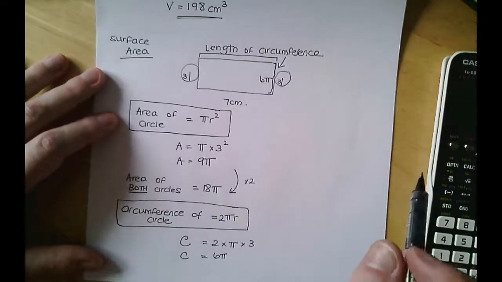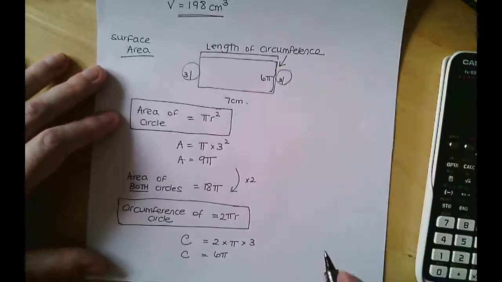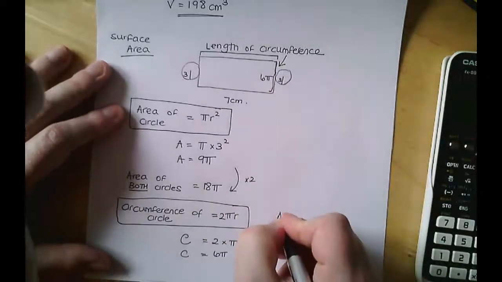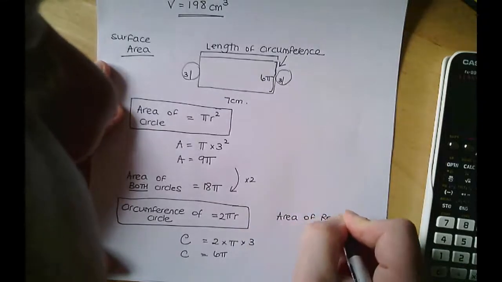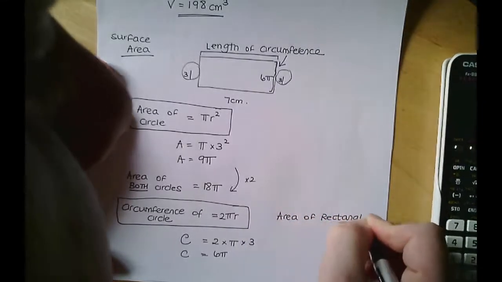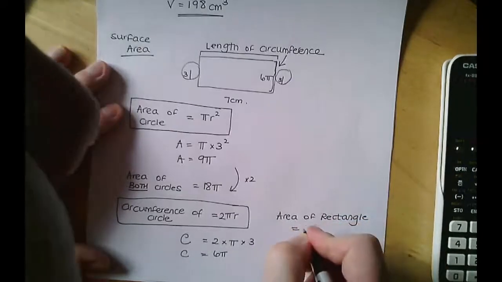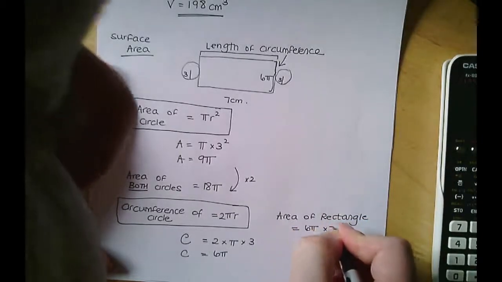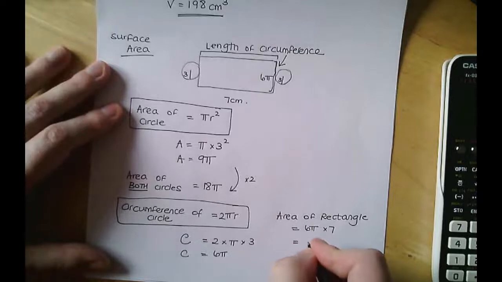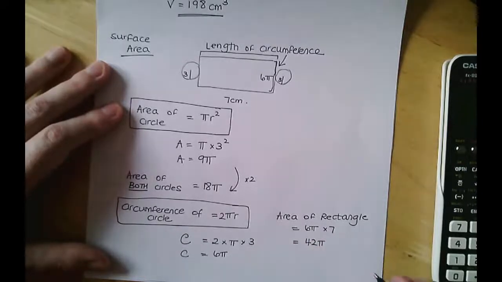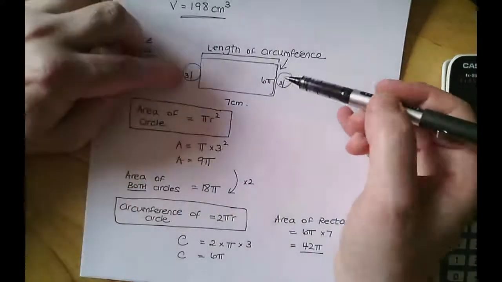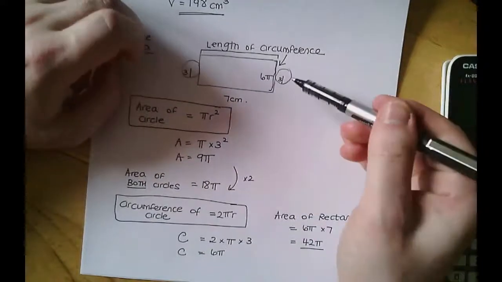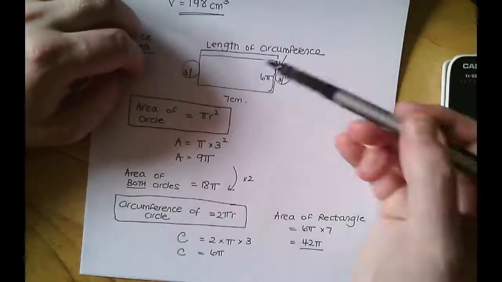So the area of that rectangle is equal to 6 pi multiplied by 7, which is 42 pi. So 9 pi, 9 pi, 42 pi.